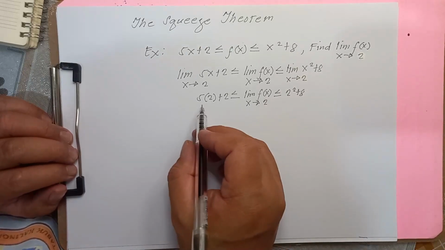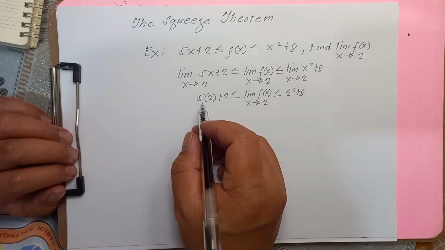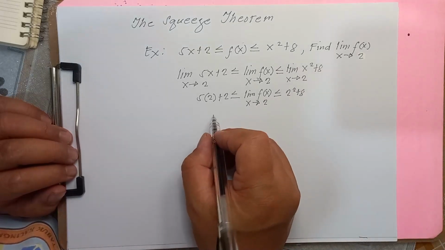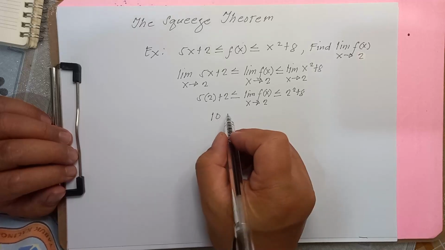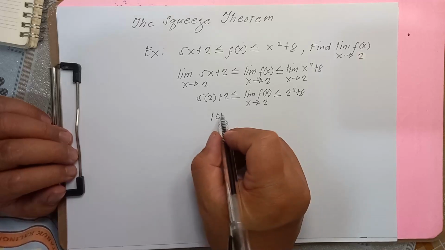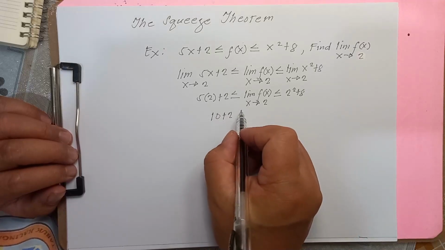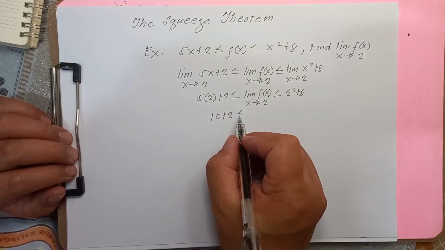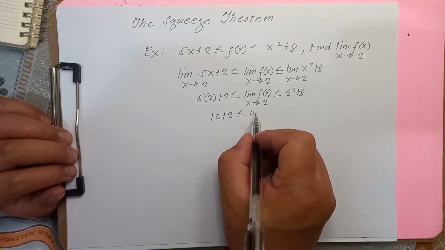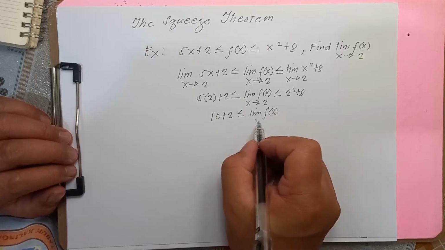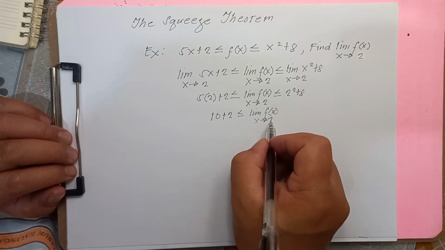Doing that, 10 plus 2 is the same as 12, which is less than or equal to the limit of f of x as x is approaching 2.